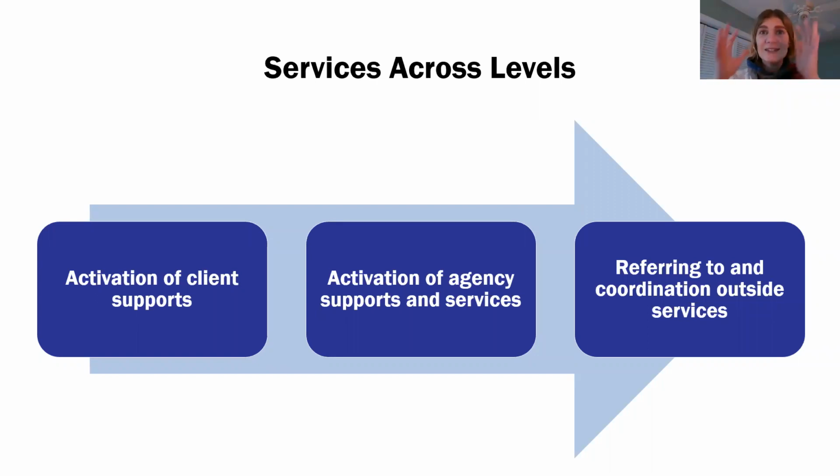As we move on to this middle box, at this level, we're looking at connecting clients to services that we provide within case management and that our organization may provide. This can include emotional support in casework, using that empathic communication and those active listening skills that y'all did a fantastic job of demonstrating in the chat. It can also include referring to internal services, such as ESL classes.